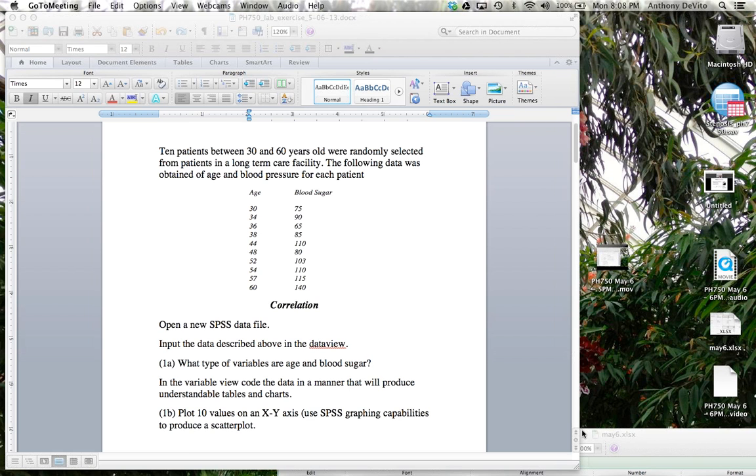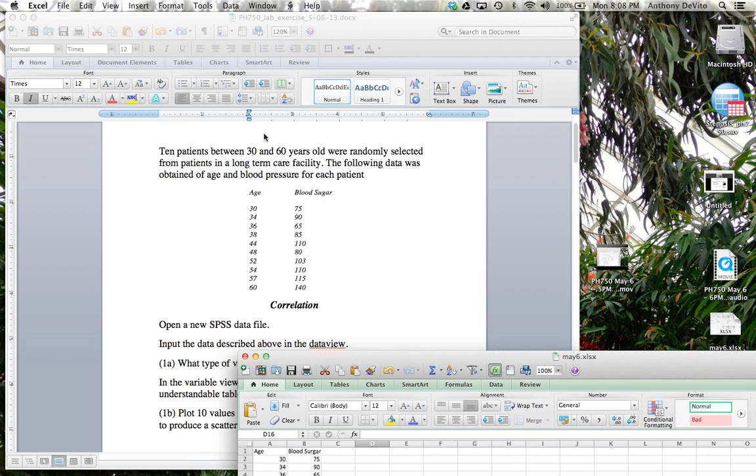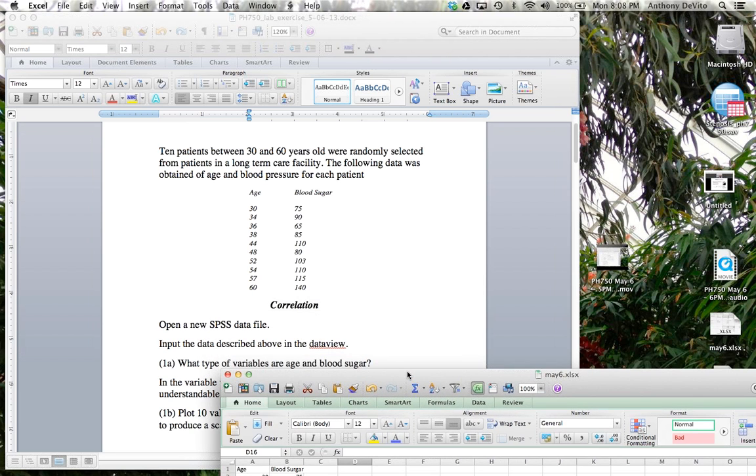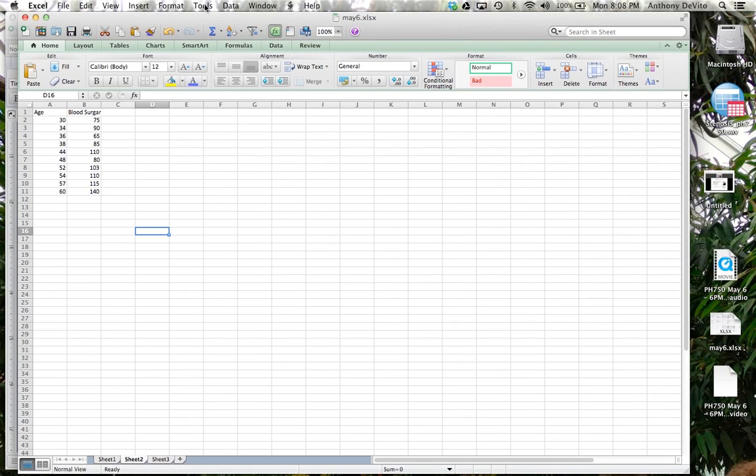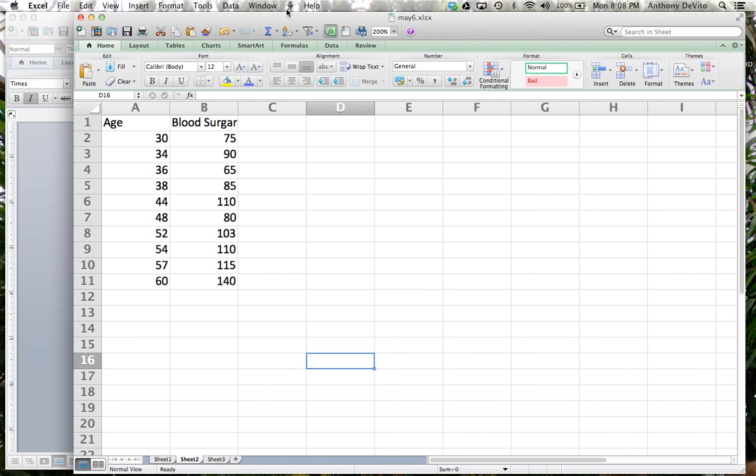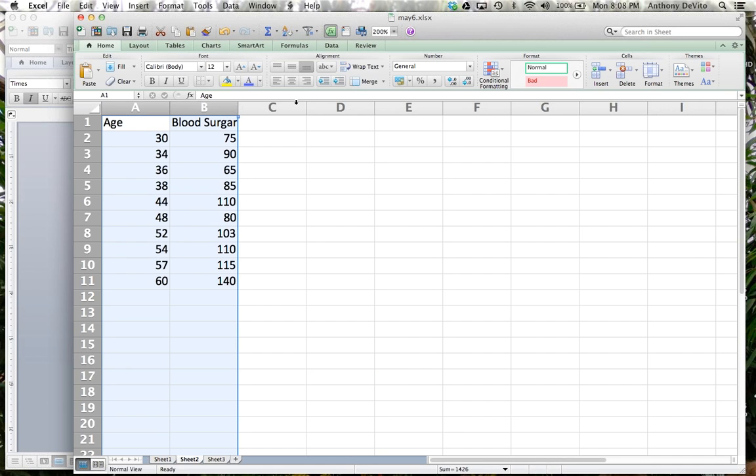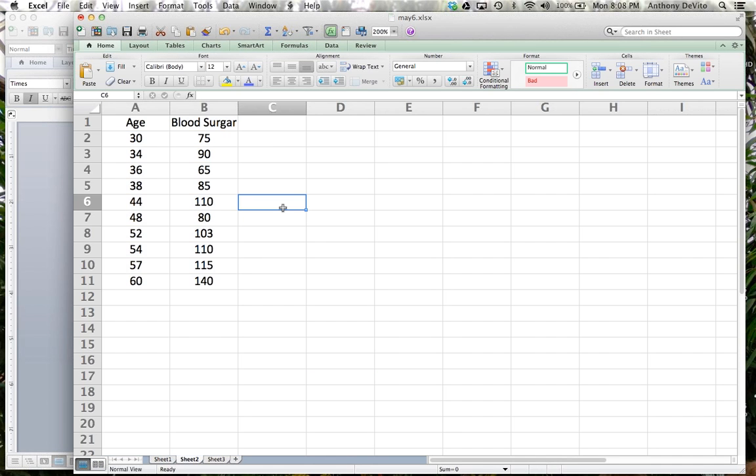Okay, so I'm going to pull up these numbers, posted into an Excel file instead of displayed in this Word document, and this is what we might be dealing with at this stage. Here's the age of each individual, and there's the average blood sugar level.